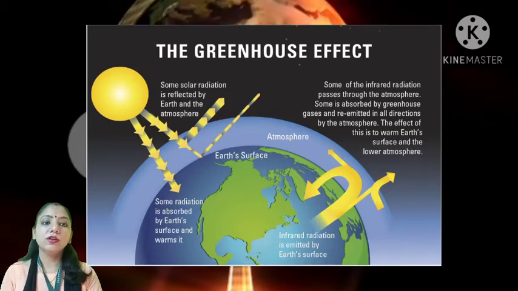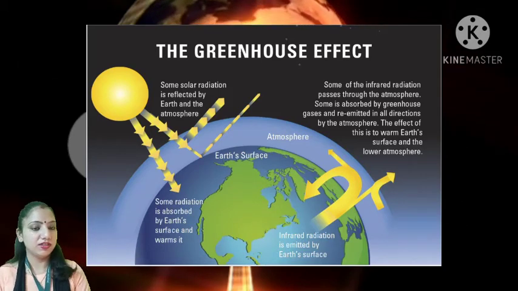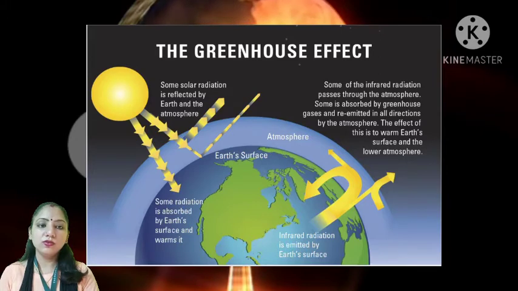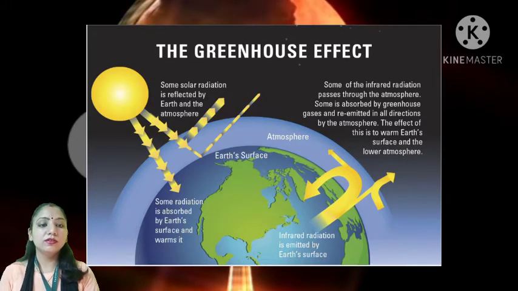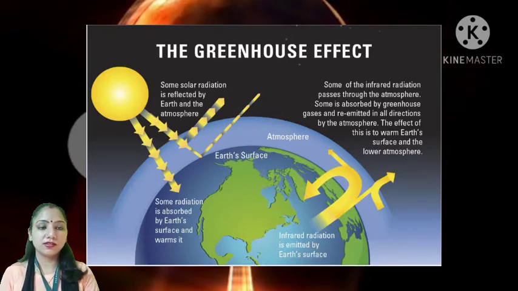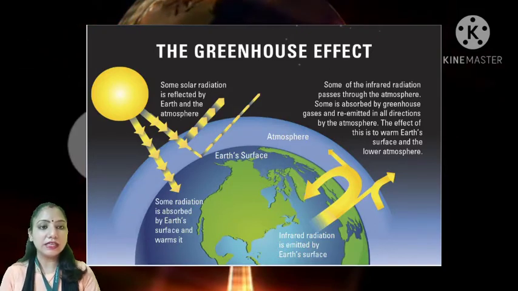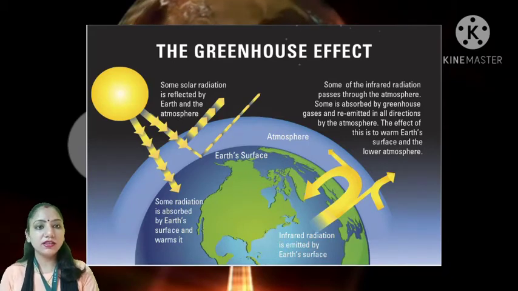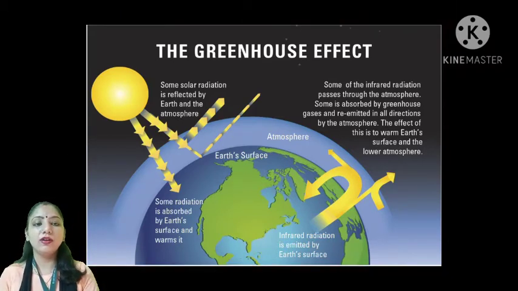The greenhouse effect is caused by gases like carbon dioxide, CFC gases and many more. So let's see what global warming is and how it has occurred and how it is responsible for climate change.